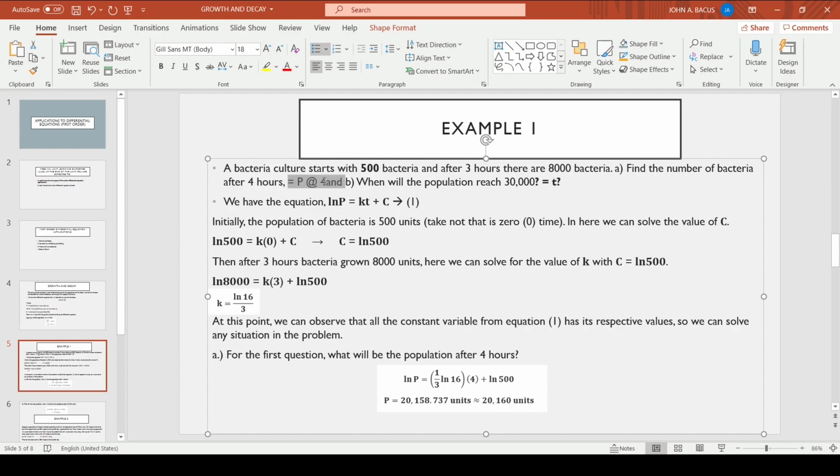Yes, we have the equation here: ln of P is equal to kt plus C. That's our equation 1, right?